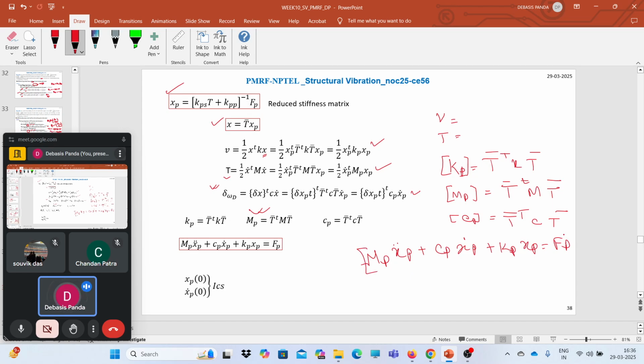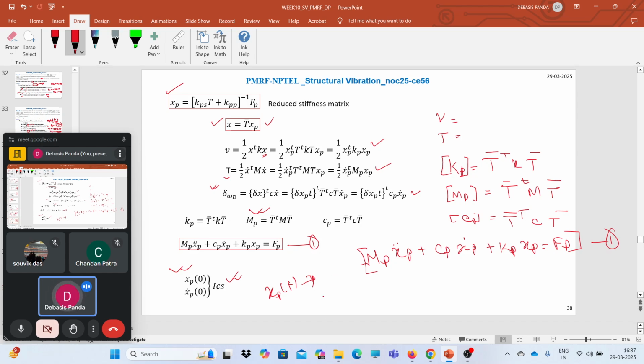Once we have this equation, and we have the initial conditions for the primary degrees of freedom, like the initial velocity and initial displacement, we can calculate them using x is equal to T bar into XP. Once we have the initial conditions and the equation of motion is ready, we can solve for the responses: what will be the XP of t, or the X of t, corresponding to the different degrees of freedom.